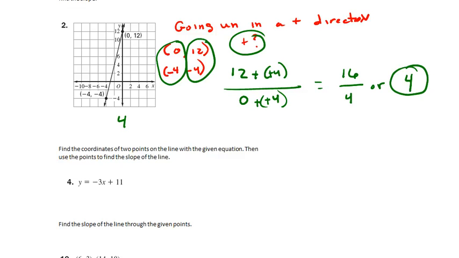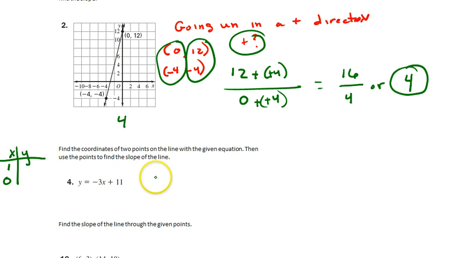Alright, find the coordinates of 2 points on the line with the given equation. Then use the points to find the slope of a line. Alright, so first of all, I need to find 2 points. So let's use our x and y chart, and let's substitute 1 and 0 for x to find 2 points that work on this line.